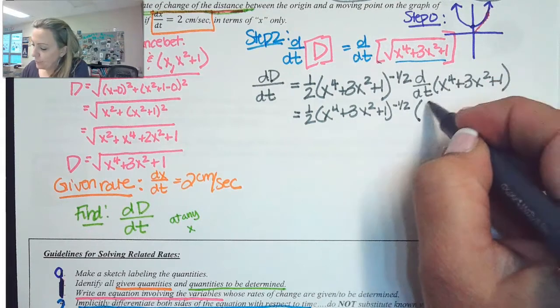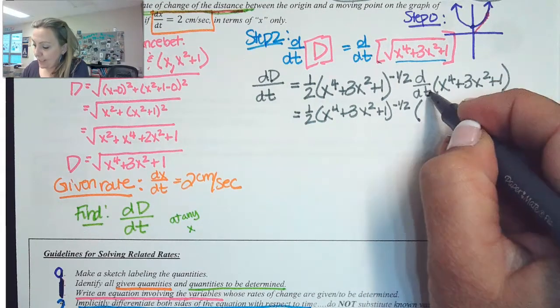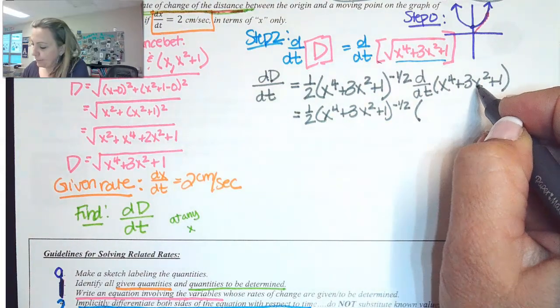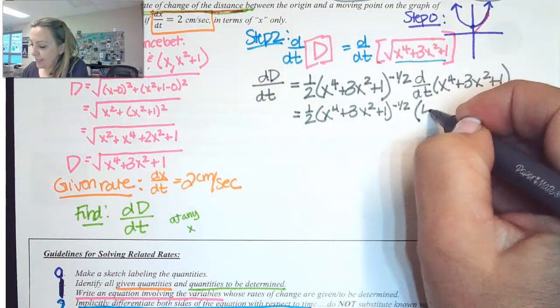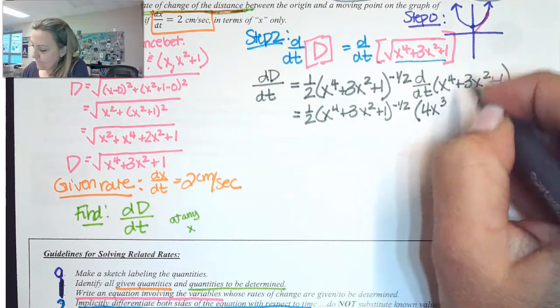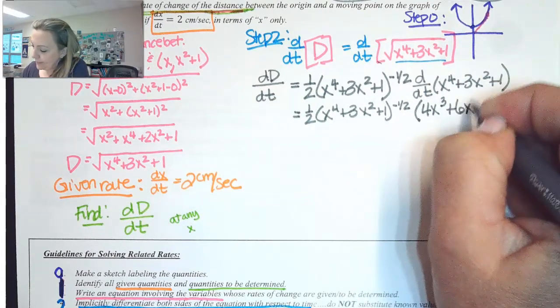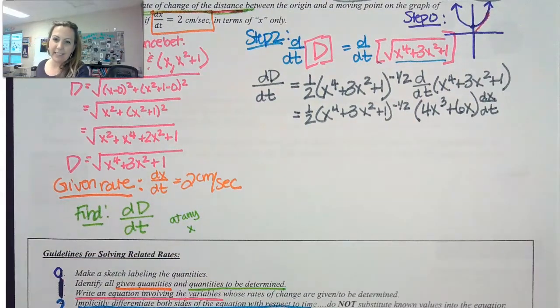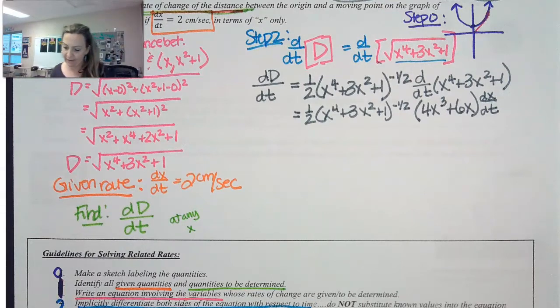So this would be 4x cubed dx/dt, that would be 6x dx/dt. Because each of those is going to have the dx/dt, instead of writing it and then factoring it out, I'll just leave it like that.